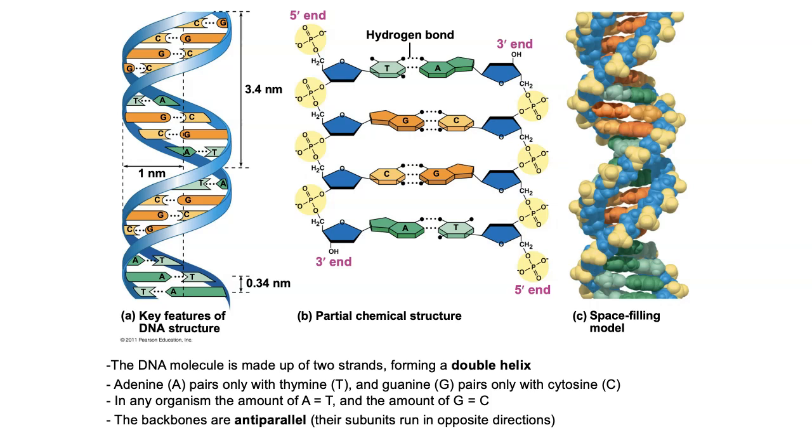The nitrogenous bases that are making up the DNA are A, T, C, and G. And there are pairings that only will match with themselves. So adenine will always pair with thymine. So A is always with T. And guanine will always pair with cytosine. So G is always with C.